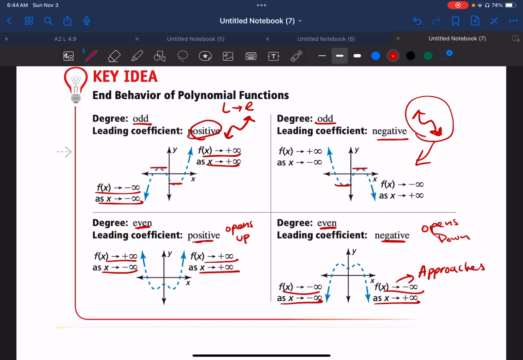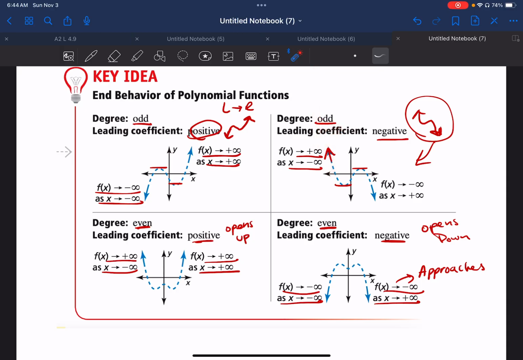So for our negative graph, when I'm on that negative side of the x-axis, I'm starting from a higher number and then I'm coming down, but that graph continues on forever, so we still say that it is going up, even though when I move left to right, it's going down. What's happening is this continues on, so it's still approaching positive infinity because it's still going up.